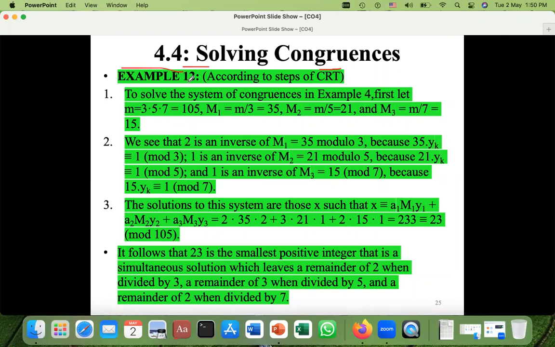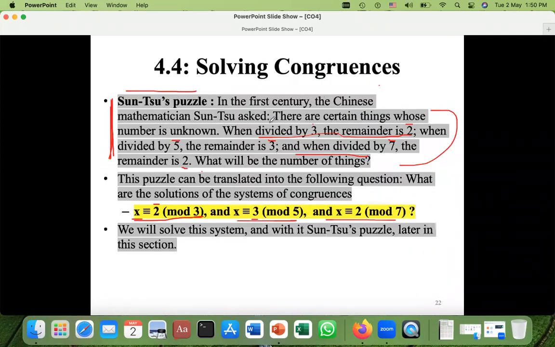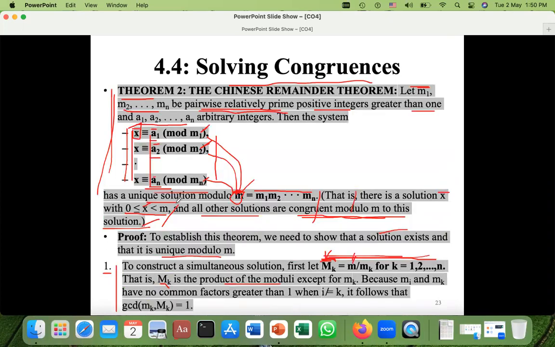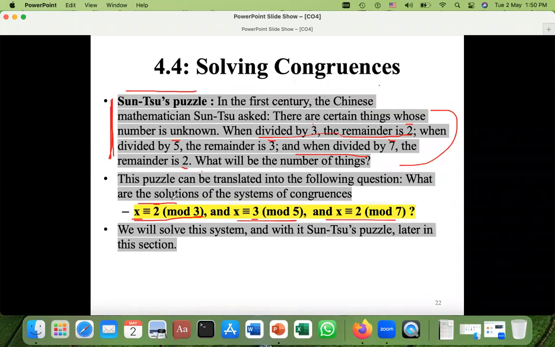Yes. Example 12. What is example 12? Example 12 is the same as example 4, which is given here, because now we are going to solve this Sun Tzu puzzle. This is basically example 4 in the textbook.